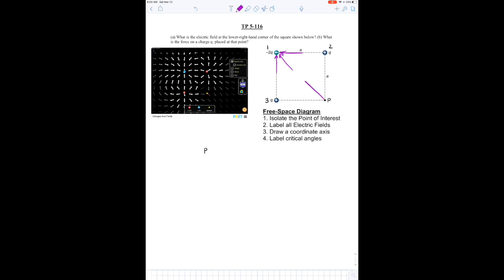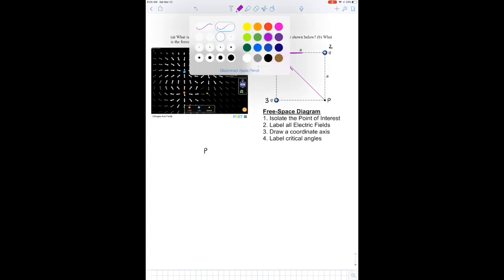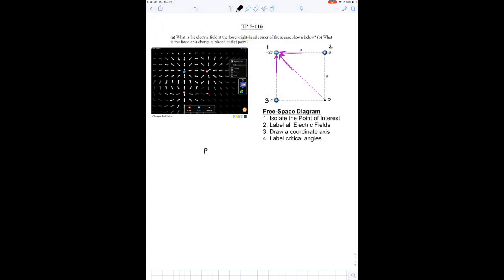So from point P, it's going to feel an electric field all the way up towards that first location. In my free space diagram, I'm going to draw an electric field, label it 1, and it's pointing up and towards the left.